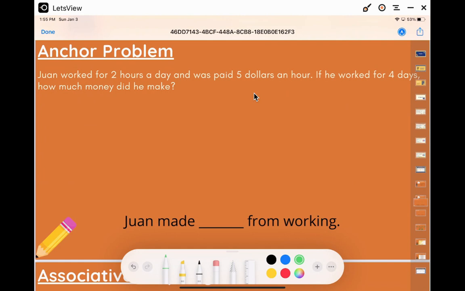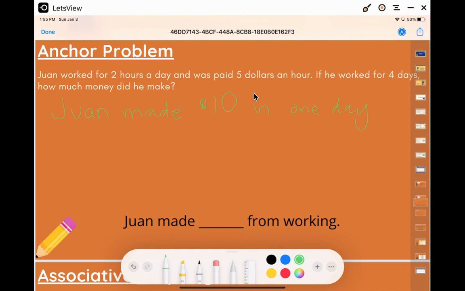Well, in our last problem, we learned that Juan made $10 in 1 day. And we want to know how much he made in 4 days.